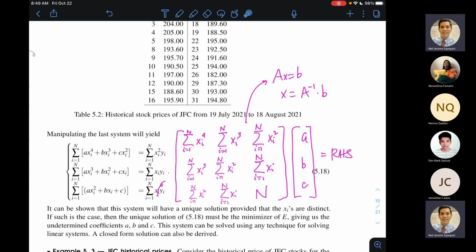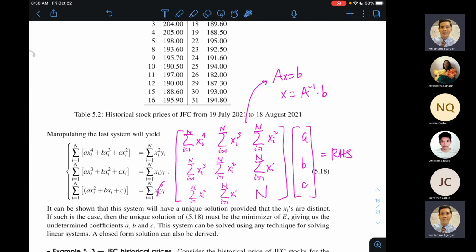And the determinant of this coefficient matrix will not be 0 if the xi's are all distinct. And again, it's a fair assumption because we are modeling a function. So ibig sabihin sa isang xi, isa lamang yung makukuha nating data point. So that means if we have n data points and assuming that there's only one assigned value to each of the xi's, then the xi's must necessarily be distinct, right?